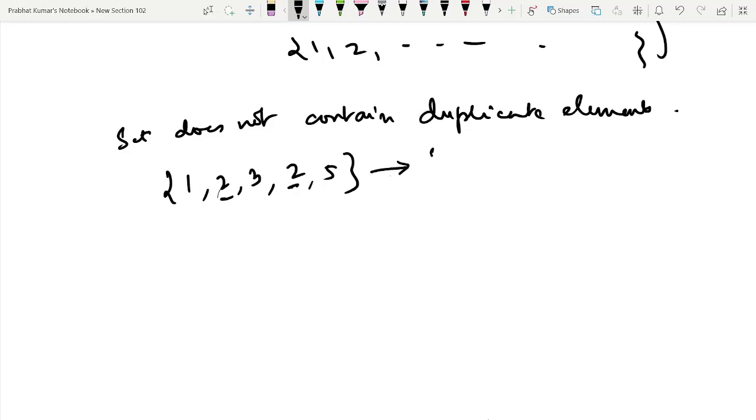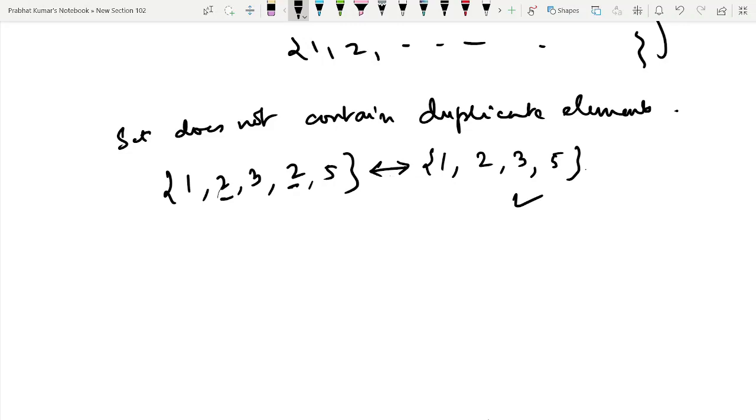But if you change this to this, then it becomes a set. So this is not a set, but what we are trying to represent can be covered using this, where there is no distinction. Set theory specifically avoids using duplicates.